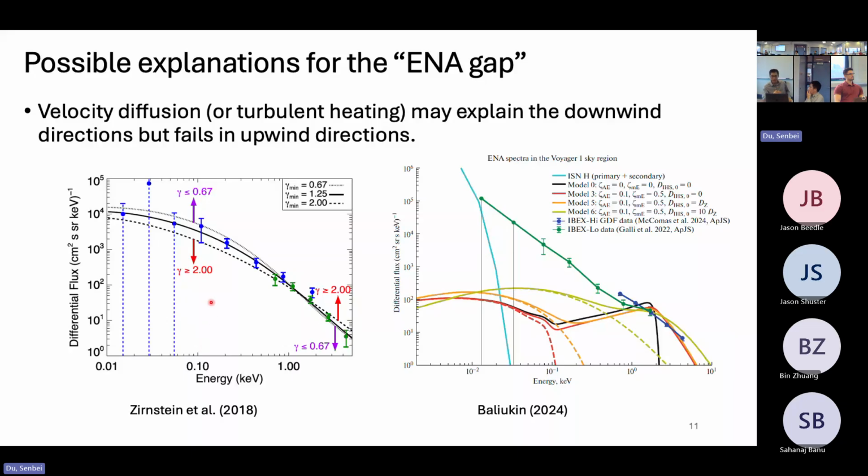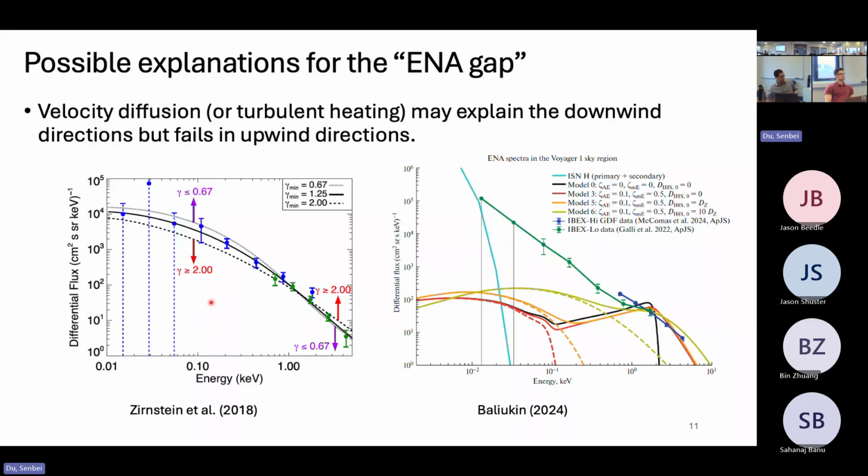Basically, when they assume a kappa distribution at the termination shock and then put in some velocity diffusion, by tuning parameters such as the diffusion coefficients, they can more or less match the observation, but that's only in the downwind direction, or the tail direction.